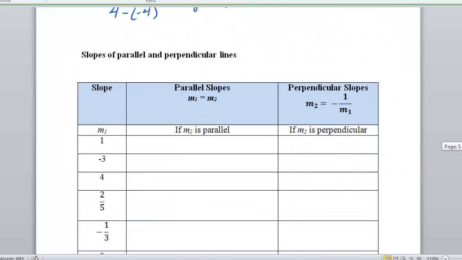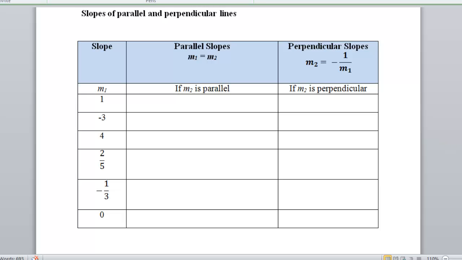Now, on this final little table, one of the things that we need to be able to do is to quickly determine what the slope is, if it's parallel or perpendicular, without actually having to solve anything. So if we're given an equation of a line and we recognize the slope, we can quickly determine the slope for parallel and perpendicular lines as well.